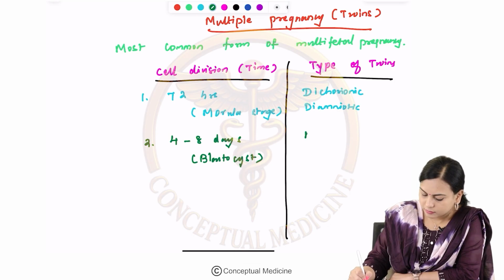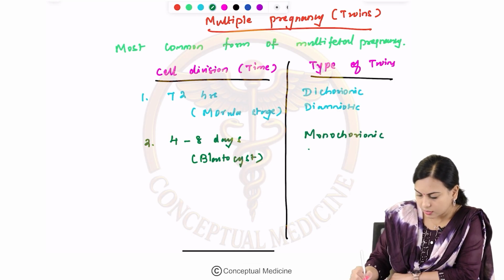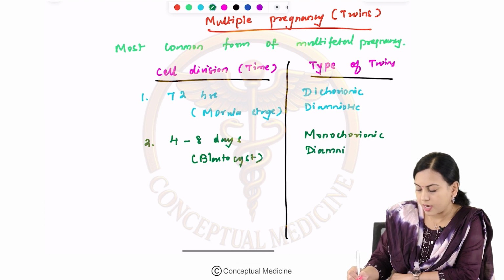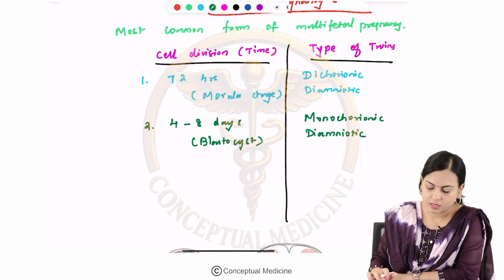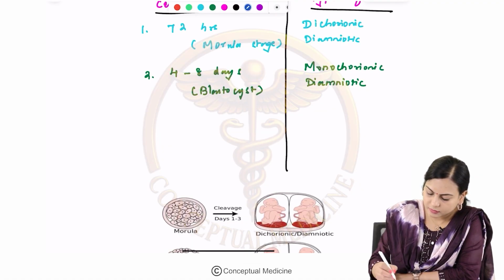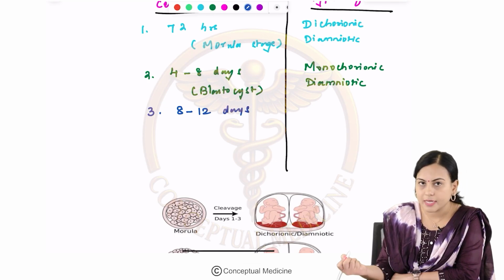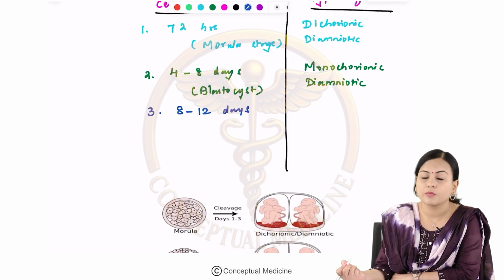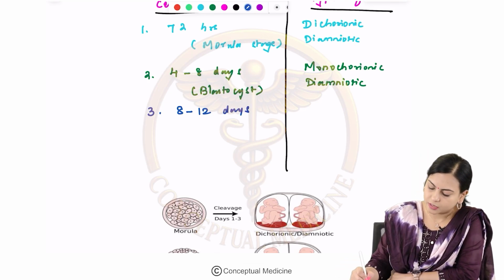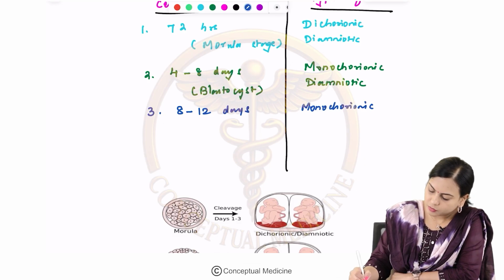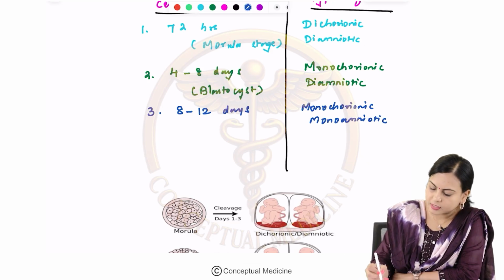We'll be getting monochorionic diamniotic twins. And then, if the cell division happens between 8 to 12 days, we'll be getting monochorionic monoamniotic twins.